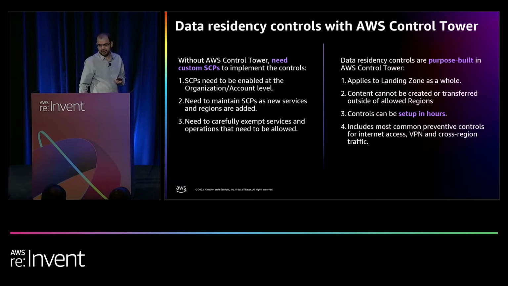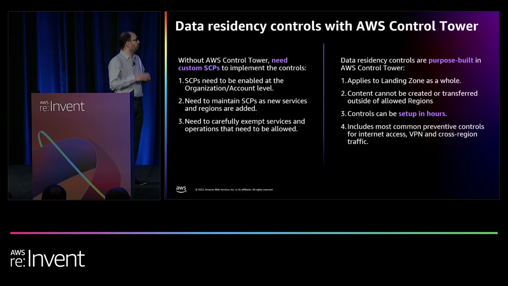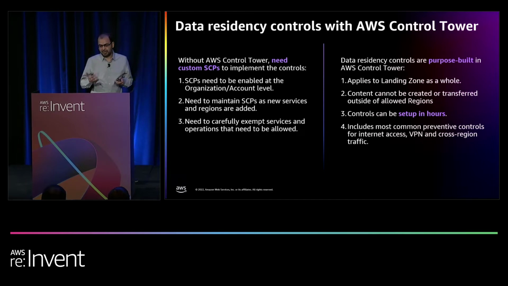So let's talk a little bit about the region deny control that is unique because it applies to the landing zone as a whole. It essentially doesn't have to be applied account by account, and once applied, content cannot be created or transferred outside of allowed regions.